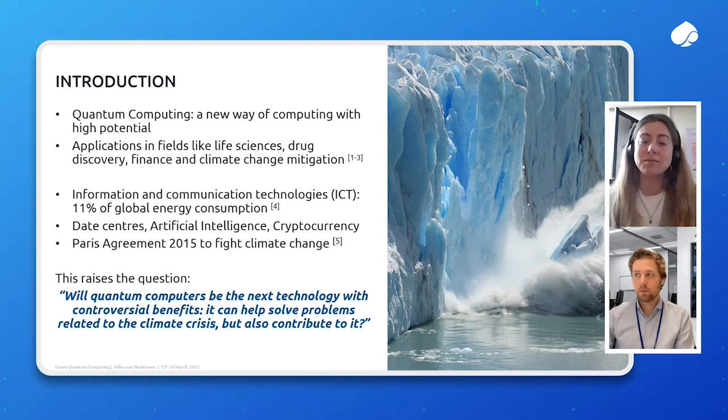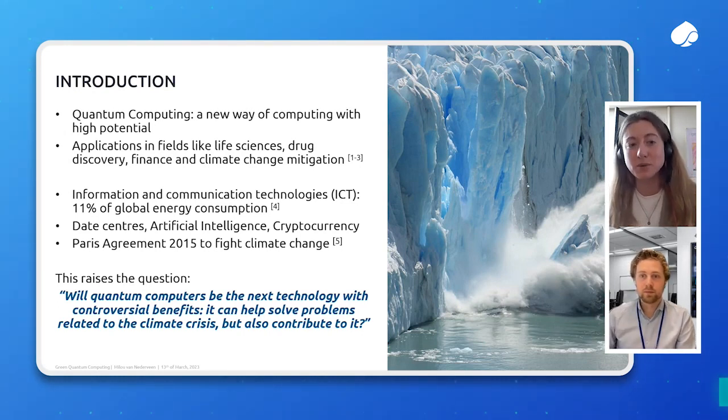And we have this Paris Agreement to fight climate change and the urge to do so as soon as possible, which for me at least raised the question, will quantum computers be the next technology with controversial benefits? It can help solve problems related to the climate crisis, but also contribute to this.